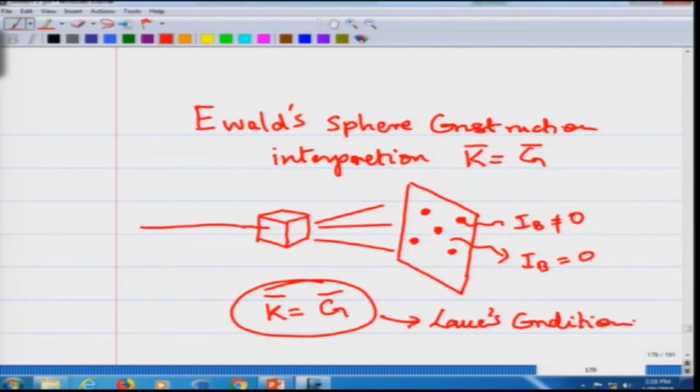So, actually you start mapping your reciprocal lattice space with X-ray diffraction. What you are actually doing is that you are actually mapping the points in your reciprocal lattice.